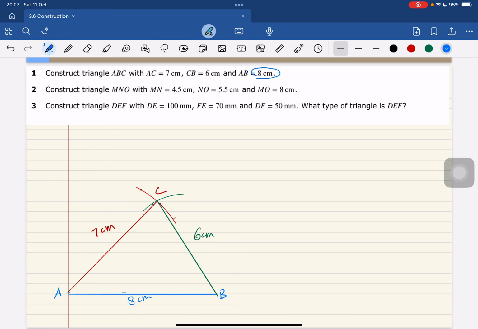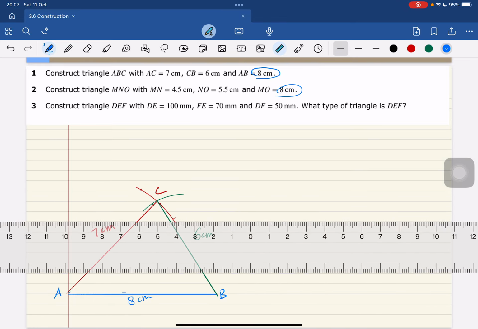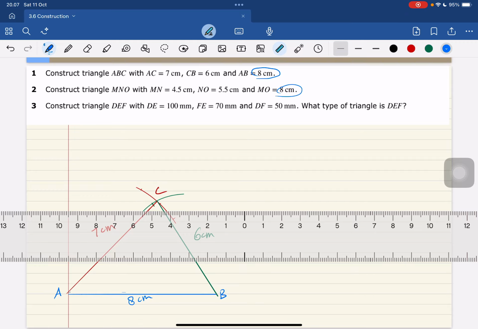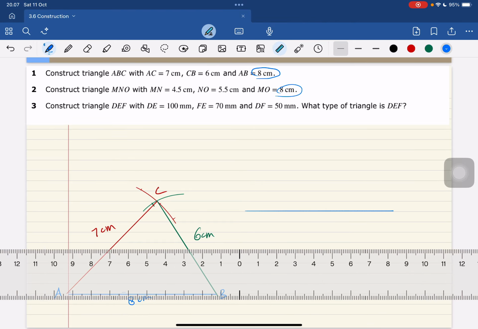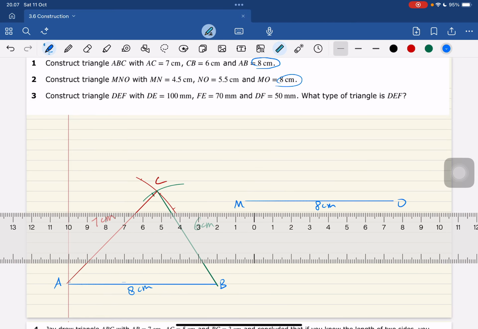Next, construct the triangle, starting with the longest, 8 centimeter again. We can do it from here, 8 centimeter. This is going to be hard with a ruler.